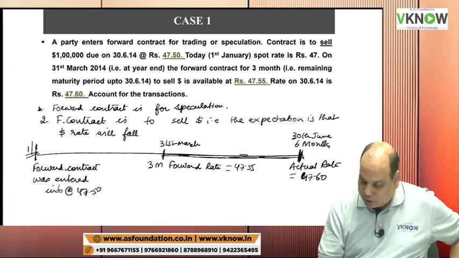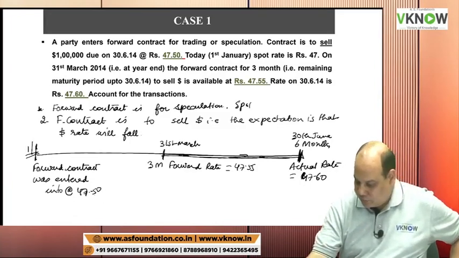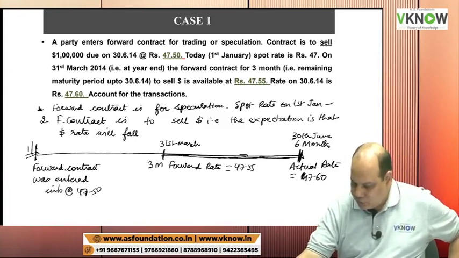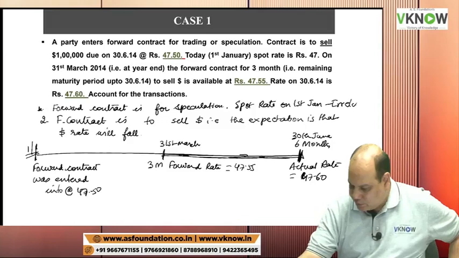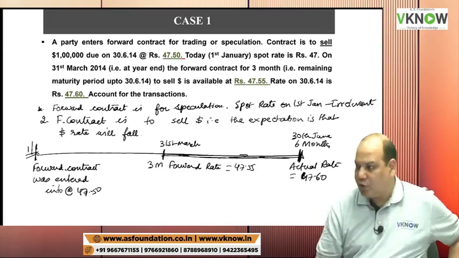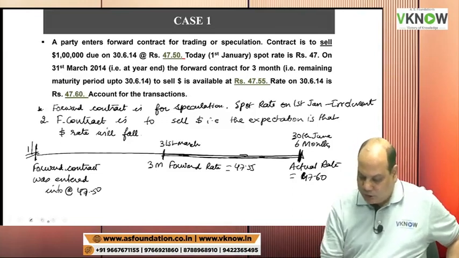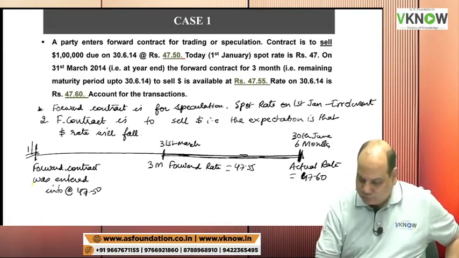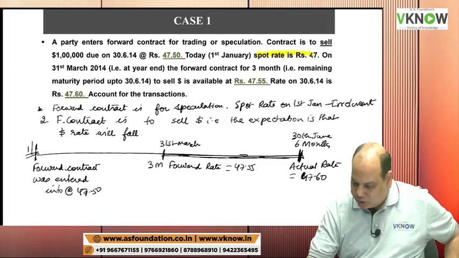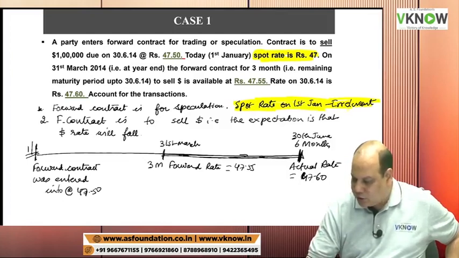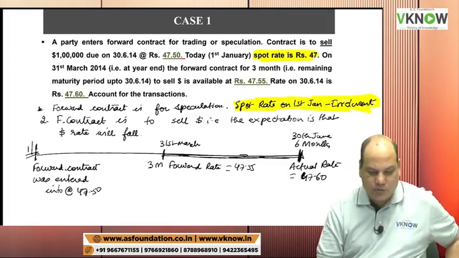Spot rate on 1st January, you will write, is irrelevant. Some figures are given to confuse you. The spot rate 47 is irrelevant if the contract is for speculation purpose.